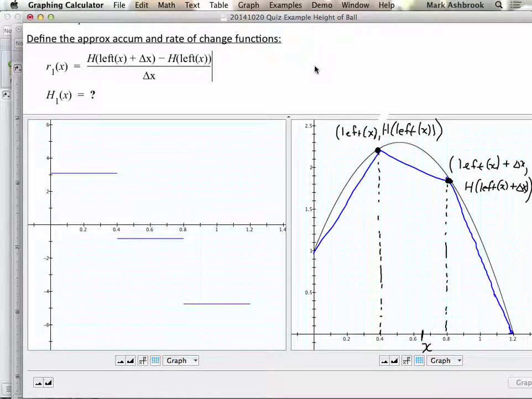Trying to write the approximate accumulation function. I'm calling it H1. It's a function for all x.